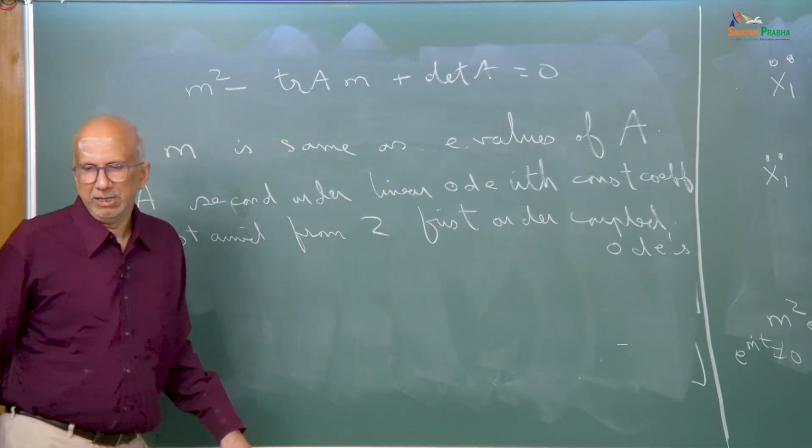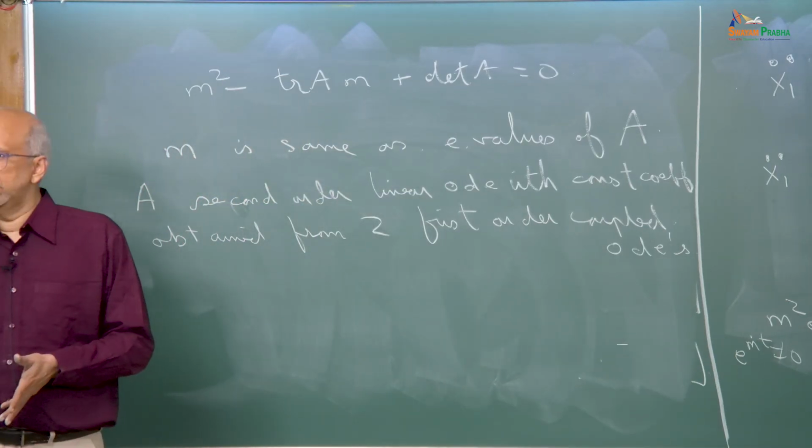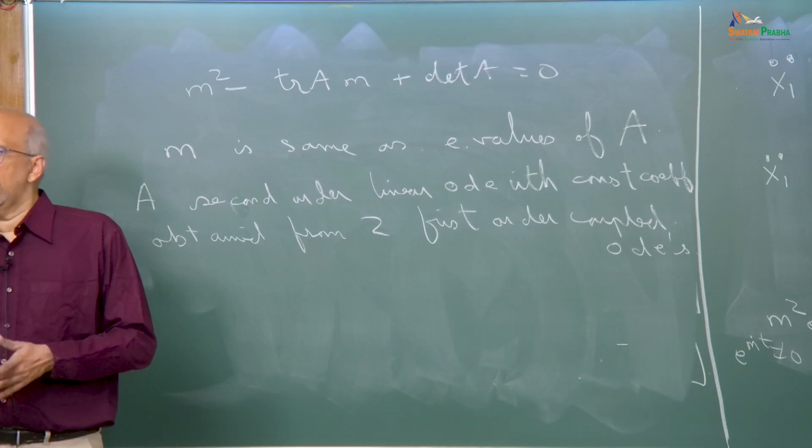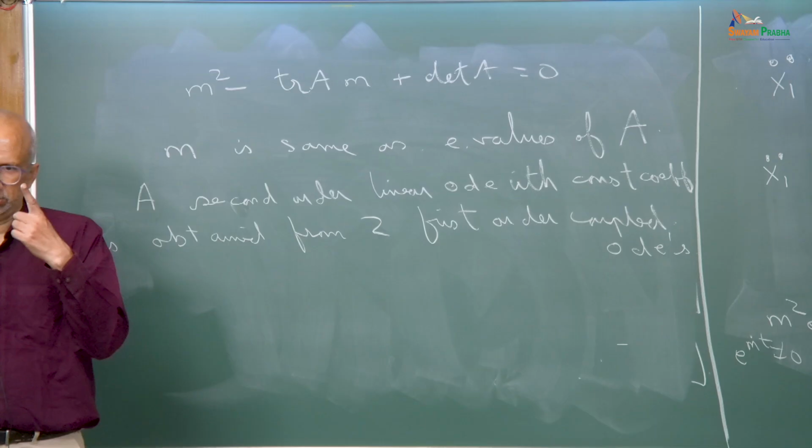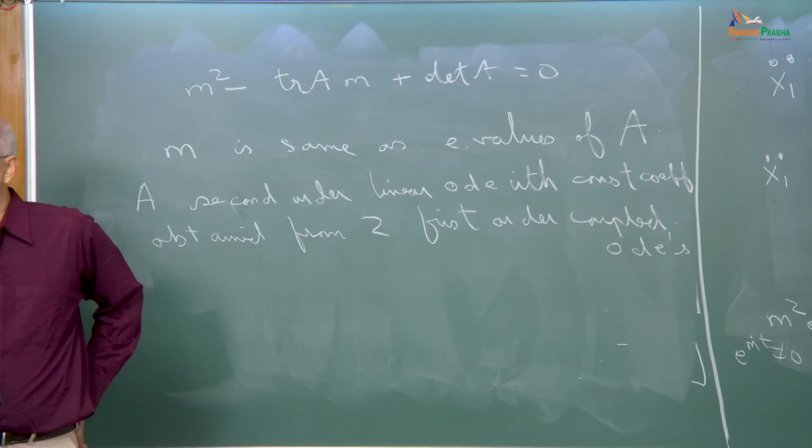Now, let me write. If I have n coupled linear ODEs with constant coefficients, and I can do this elimination, I will get an nth order equation in a single variable.